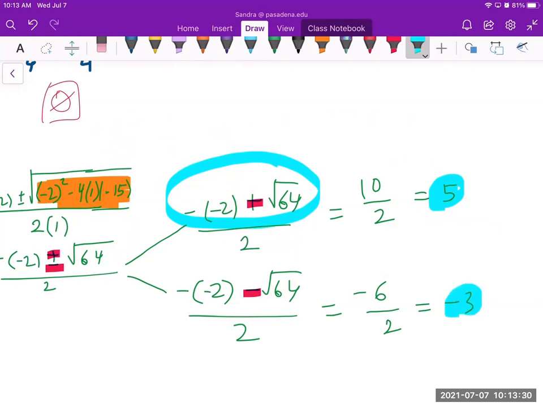Now, just in case I never went over radicals, here is how to input a radical into your calculator.